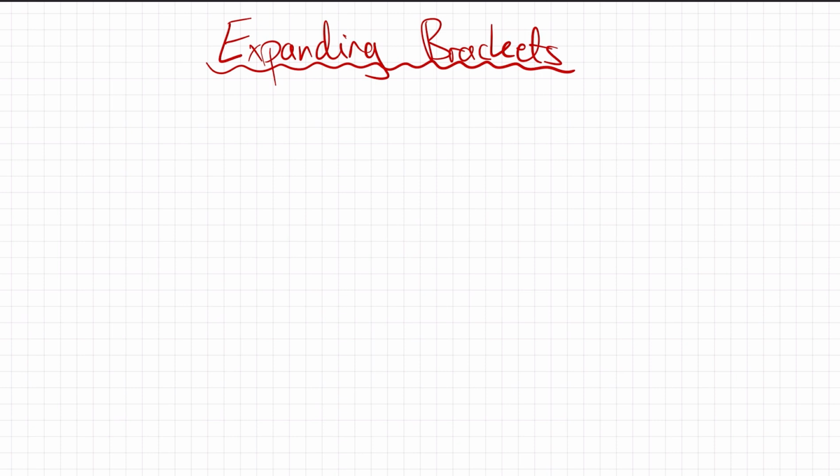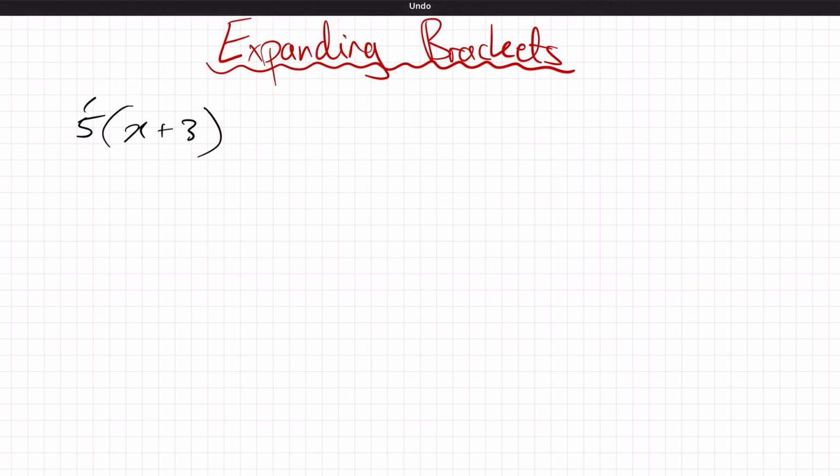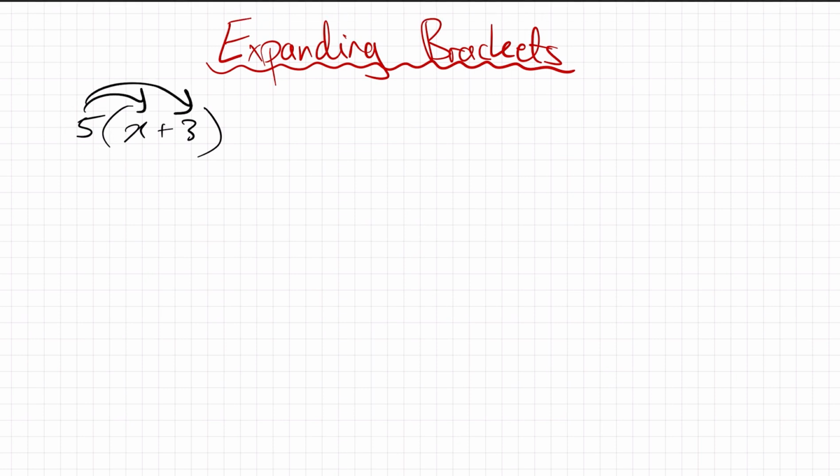So to expand a bracket, let's start with a very easy example. Let's just start with something like 5, and we'll have x plus 3. So what we want to do is we basically want to multiply this 5 by every term in this bracket.